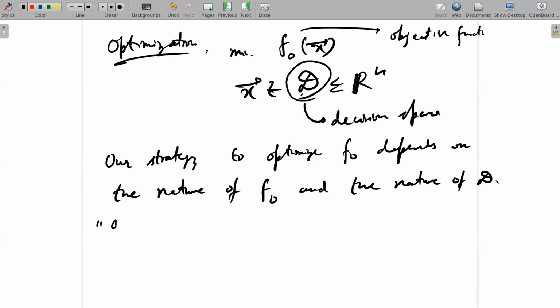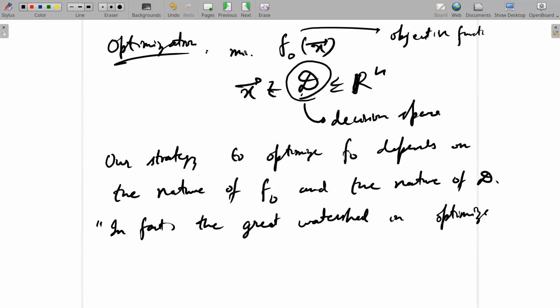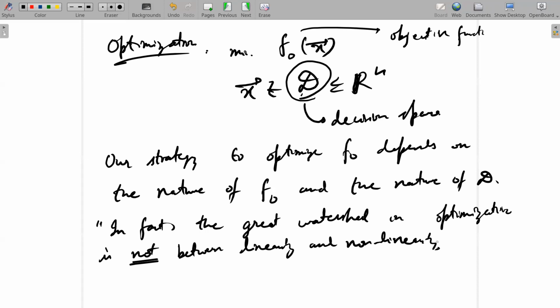So I'll just quote that again. In fact, the great watershed in optimization is not between linearity and non-linearity, but between convexity and non-convexity.